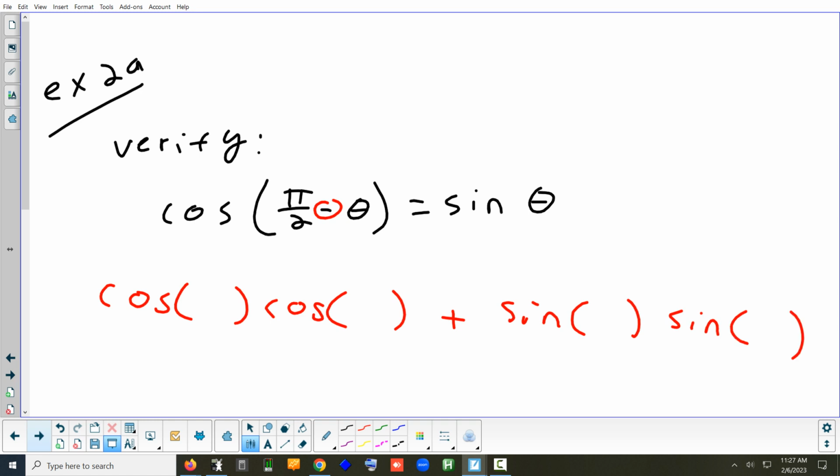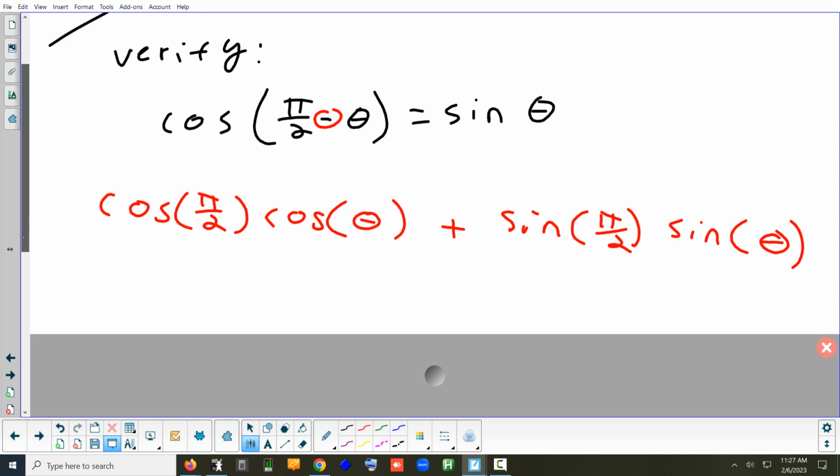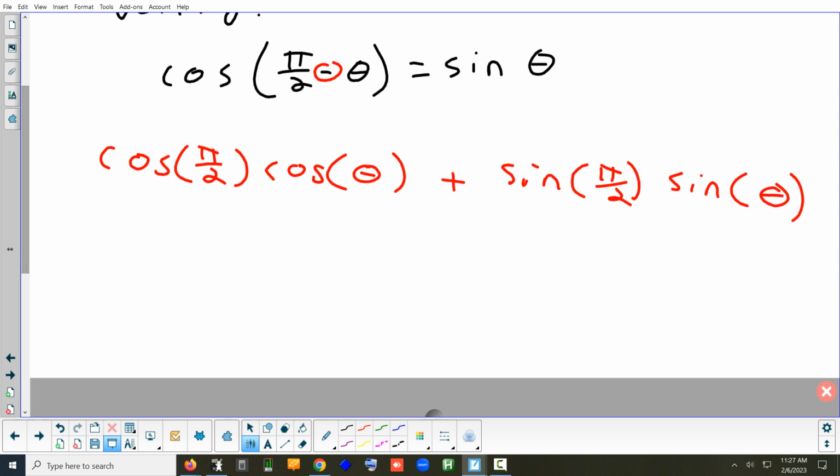Okay, what's going to go in my first parenthesis? Pi over 2. And the second? Theta. Now, pi over 2 is what in degrees? 90. So think about that on the unit circle.